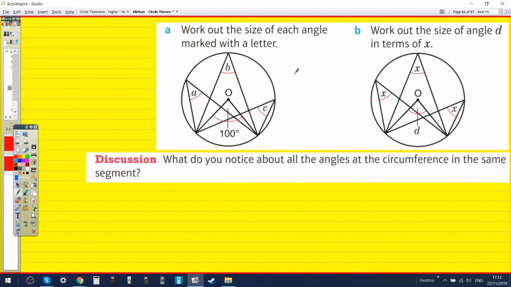Okay, how about this one? The size of each angle marked with the letter A. If the top one's 100, then this angle will be 50.